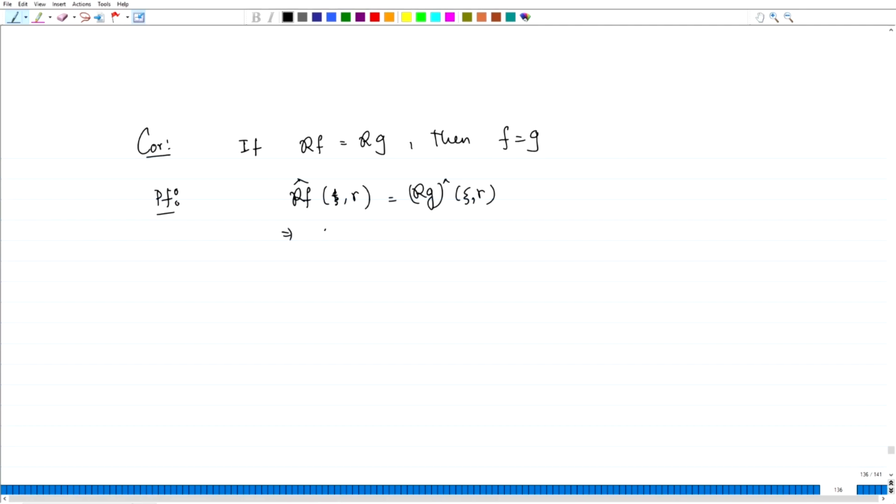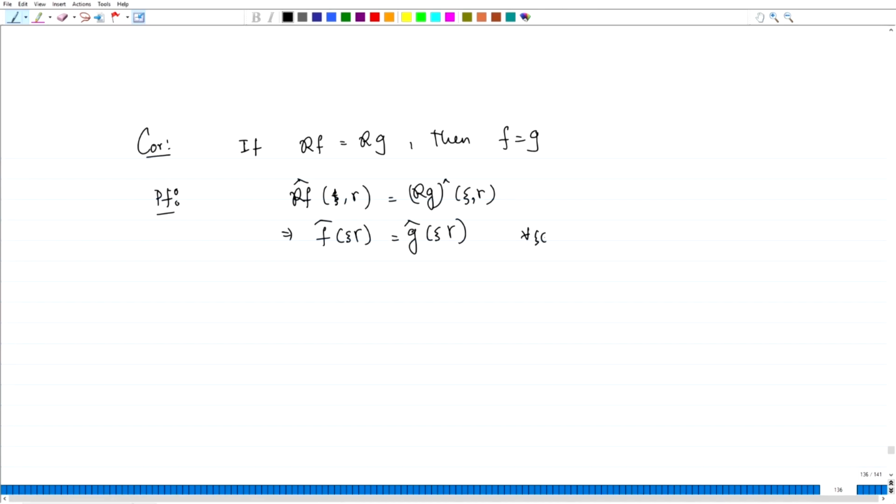This implies that f hat, the 3 dimensional Fourier transform at xi gamma, is equal to g hat of xi gamma. This is true for each gamma on the unit sphere S2, and for all xi in R.